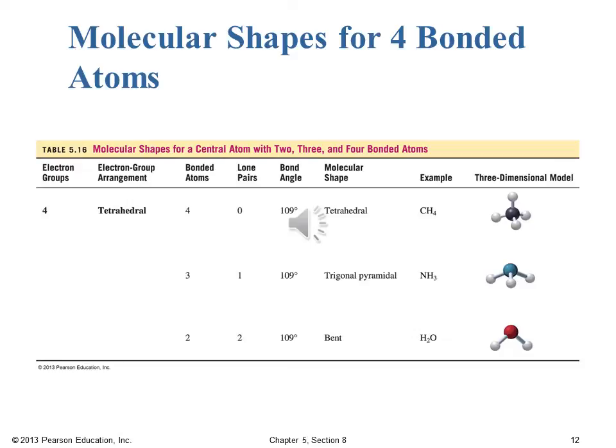This is as far as we go in the course. There are higher level shapes, things like square pyramidal arrangements and octahedral arrangements, but we don't really discuss those. We're mainly focused on tetrahedra or trigonal planes or linear type arrangements, and then the molecular shapes that can be built off of those electron group shapes.